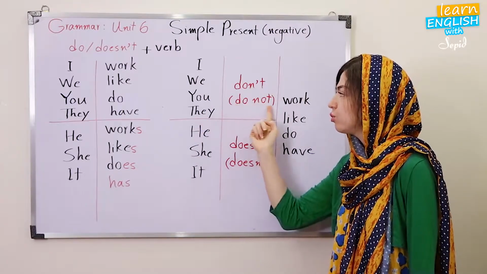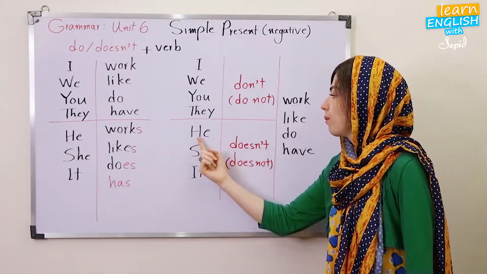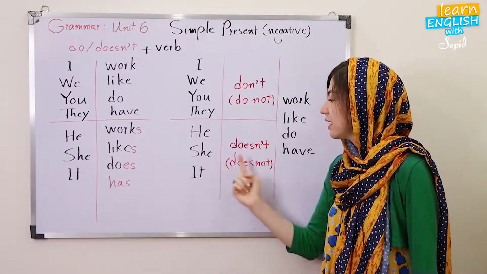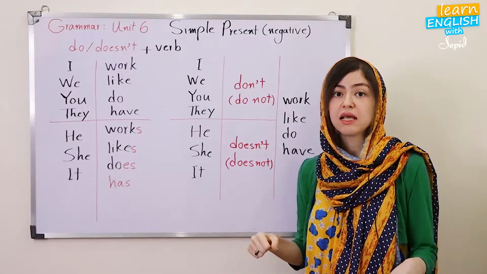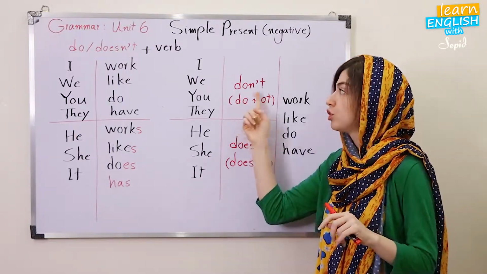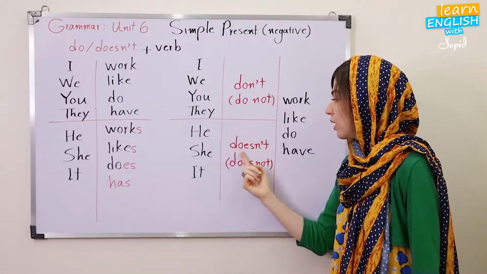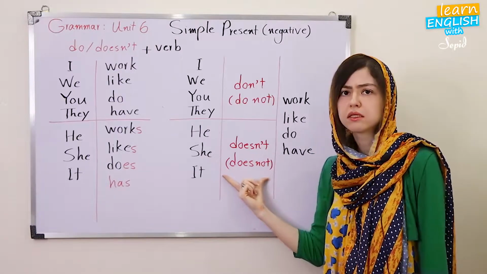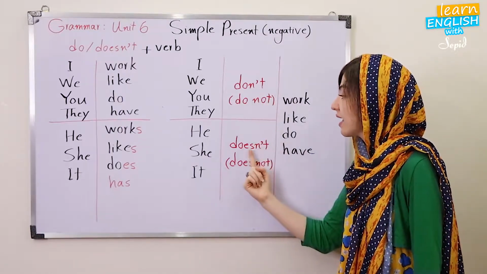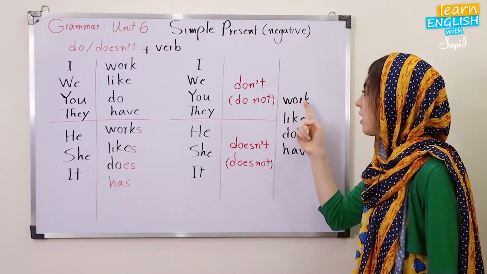Don't means do not, okay, do not is negative. So, he doesn't, she doesn't, it doesn't. Again means somebody just doesn't do something, not at all. Doesn't is does not.